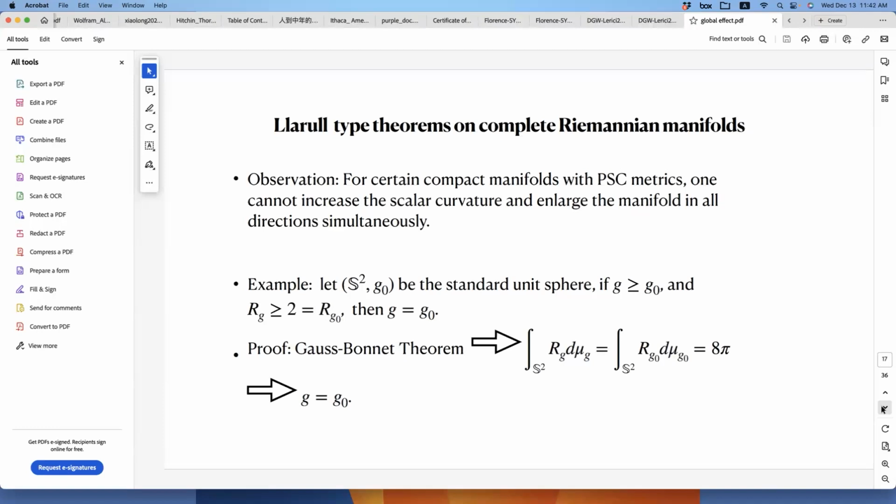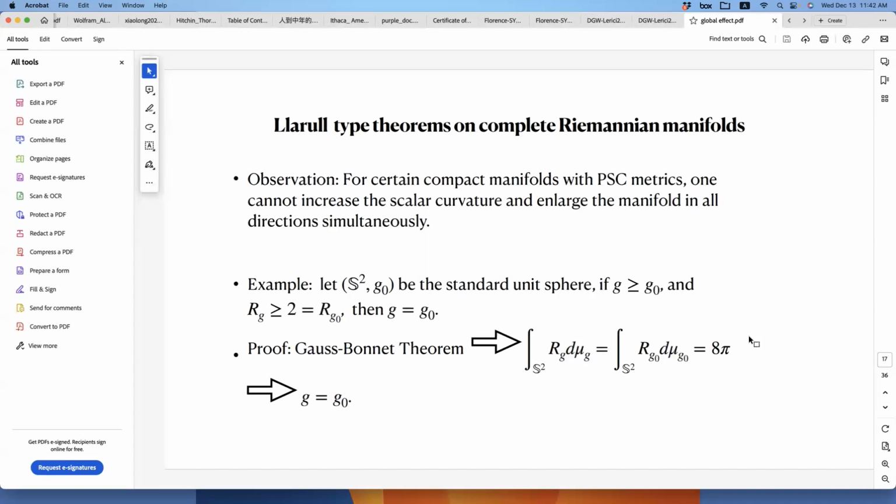Now, let me show you a simple example. In two dimensions, let S^2, G naught be the standard unit sphere. And suppose we have a metric G on this S^2, and G is at least G naught, and the scalar curvature R_G is at least 2. Then G must equal G naught. Actually, this is a simple consequence of the Gauss-Bonnet formula.